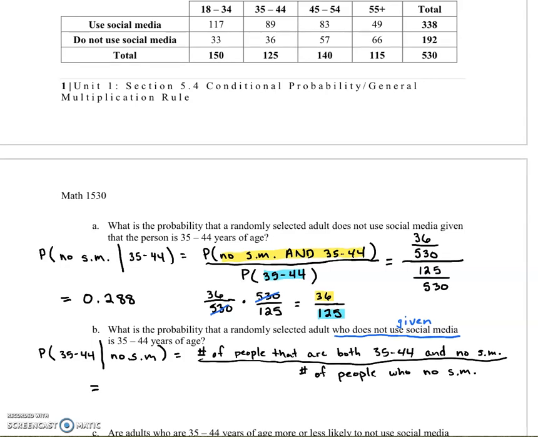So we look at do not use social media and the total number of people that are 35 to 44. That's 36 again. But this time our denominator is going to be the total number of people who do not use social media. So our denominator is going to be 192.